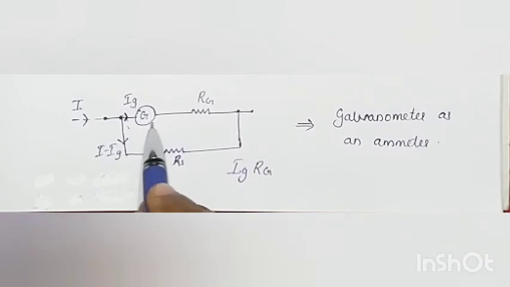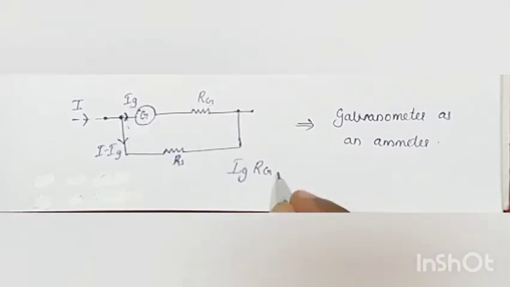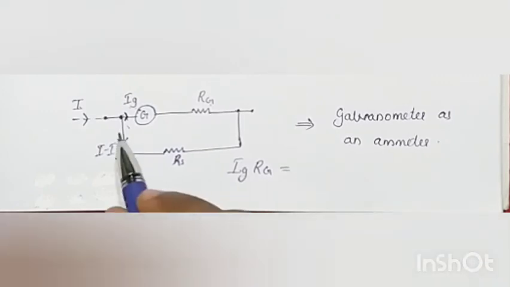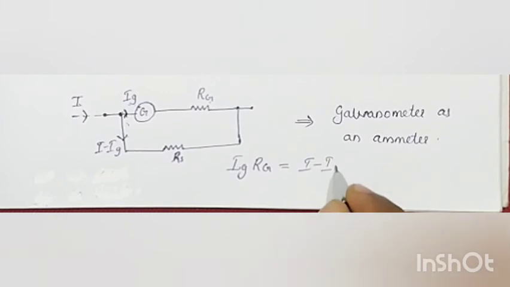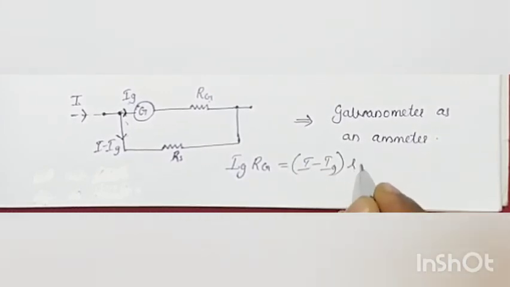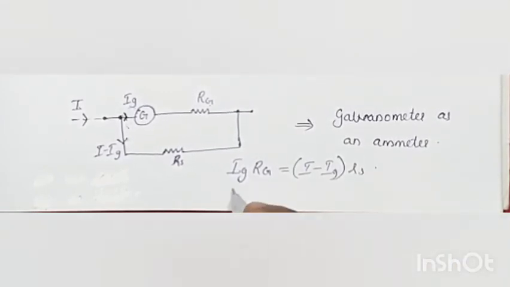Therefore, the voltage across the first branch can be written as Ig into Rg, and that is equal to the voltage across the second branch, which is I minus Ig into Rs. This is a very important relation that we obtain based on the same potential difference.